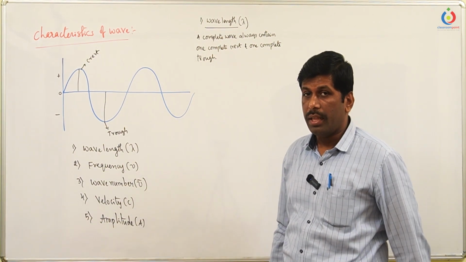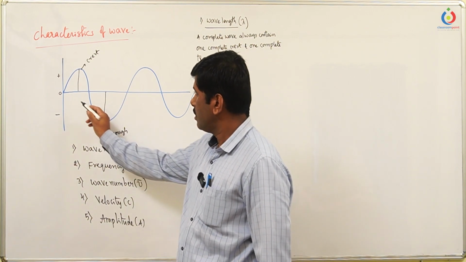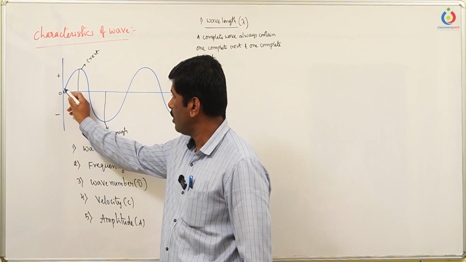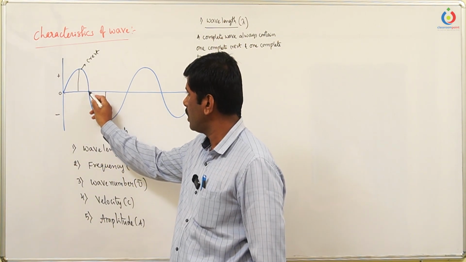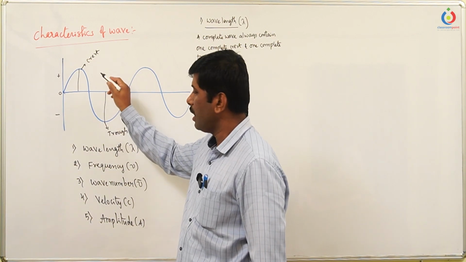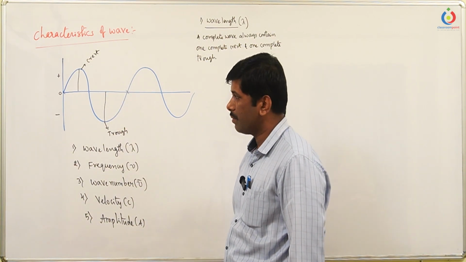So the length of one complete crest and one complete trough is known as the wavelength. See, from here to here one complete crest is over, and from here to here one complete trough is over. So this length is known as the wavelength.